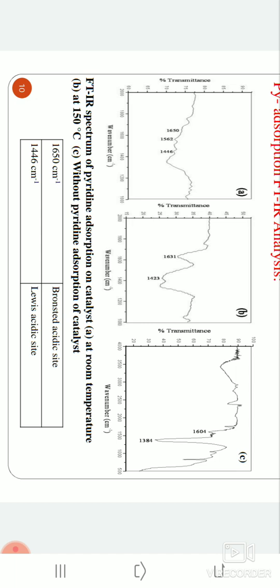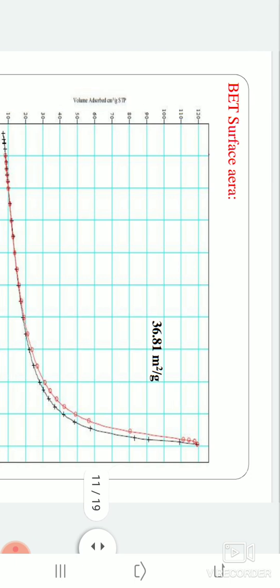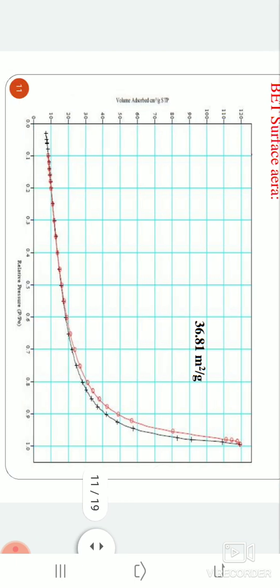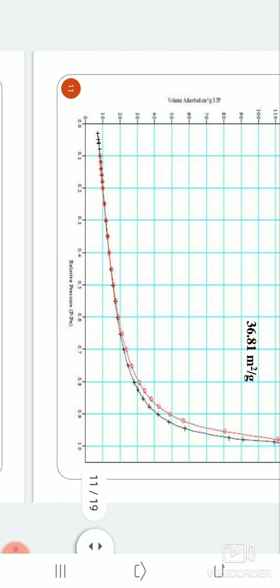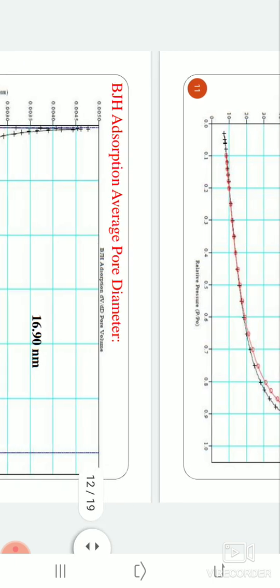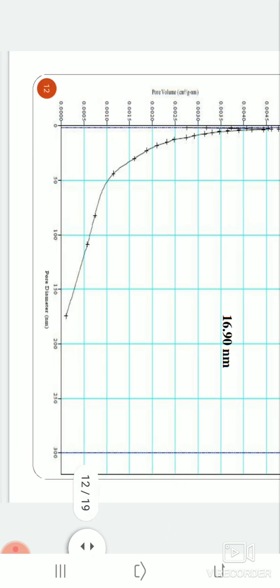These bands indicate that our catalytic material has Bronsted acidic sites and Lewis acidic sites. After that, we measure the BET surface area of our catalytic material and observe 36.81 meter square per gram surface area and 16.90 nanometer in size.